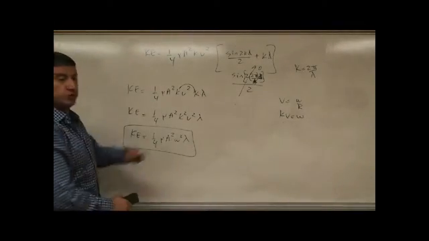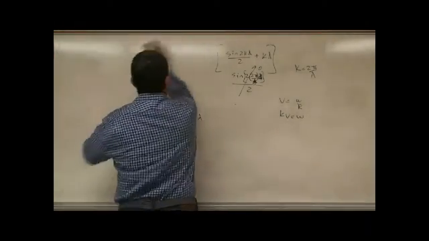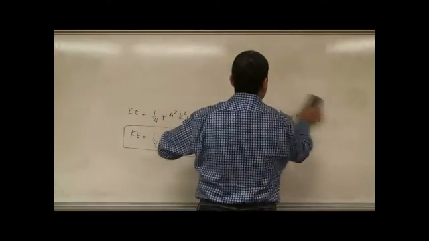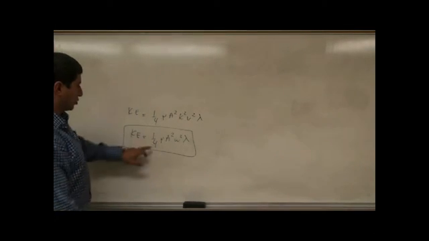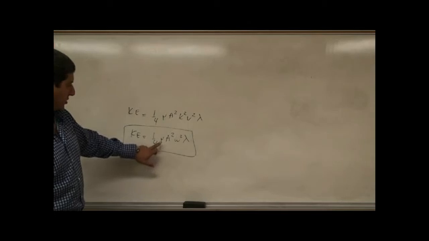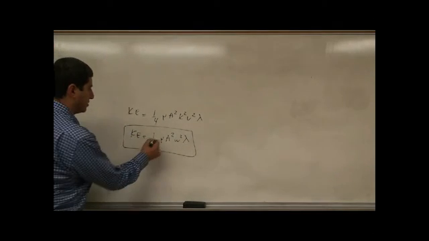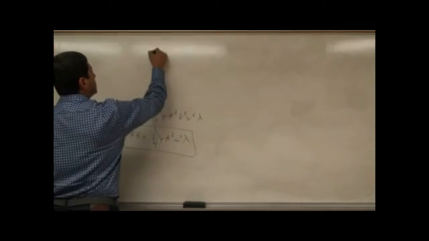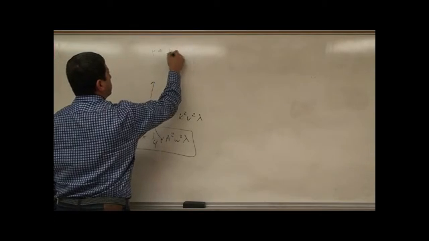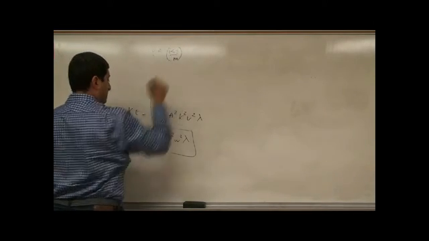Okay? Let's see if the units of this work out. It's always good to do some unit analysis, right? If it all works out, it should give us units of joules, right? So a quarter doesn't have units, so let's focus on the rest of the material here. Mu is units of kilogram per meter, okay?